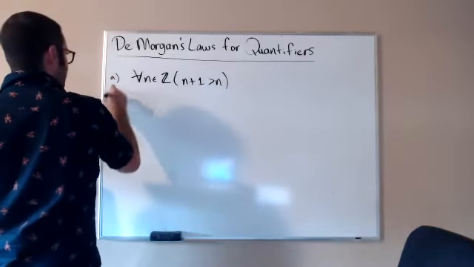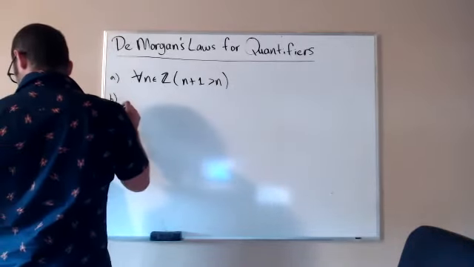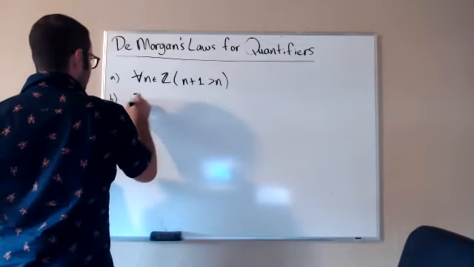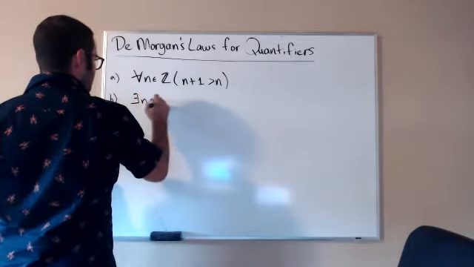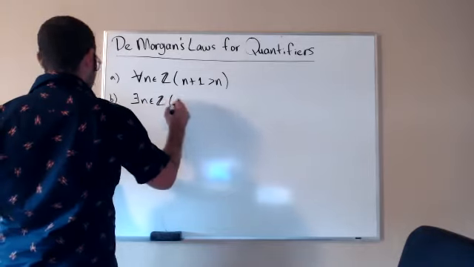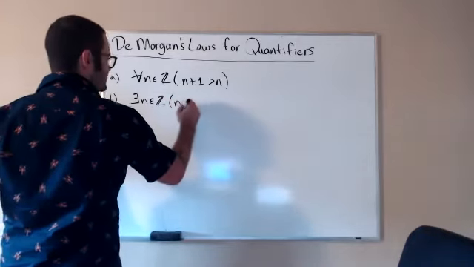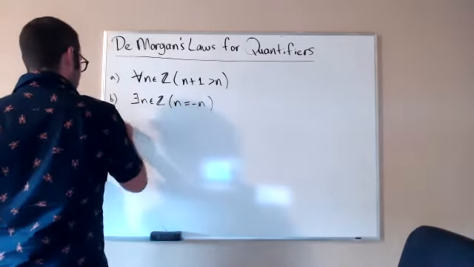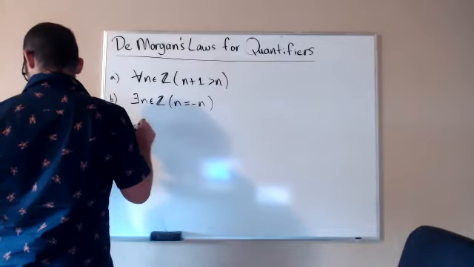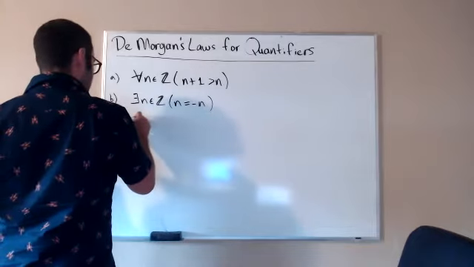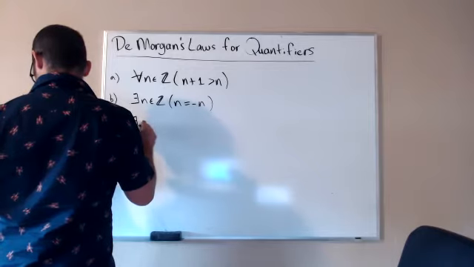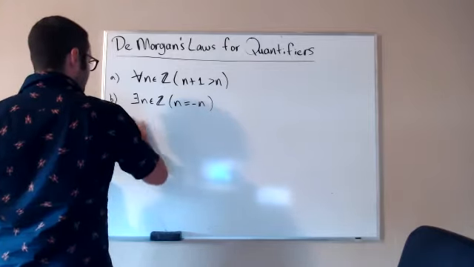B: there exists an integer n such that n is equal to negative n. C: let's do for all.